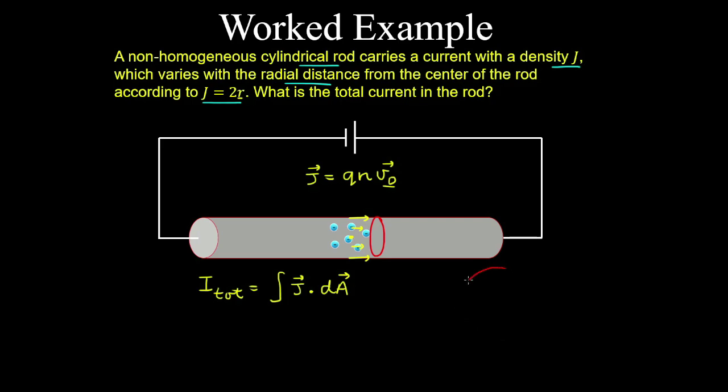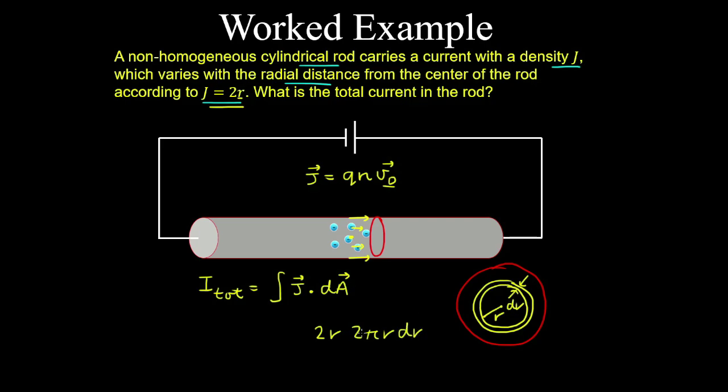So therefore, if we take an element on this cross-sectional area, so we'll take a ring with some infinitesimal thickness, dr, and this has some radius r. So the current density on that ring is going to be 2r, being J, multiplied by 2 pi r, being the circumference of the ring, by the thickness, which gives the area of that thin ring.